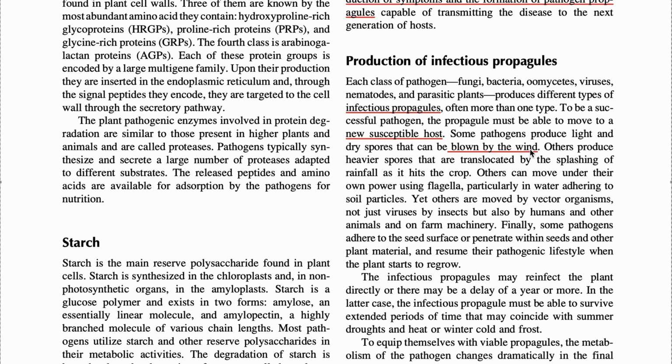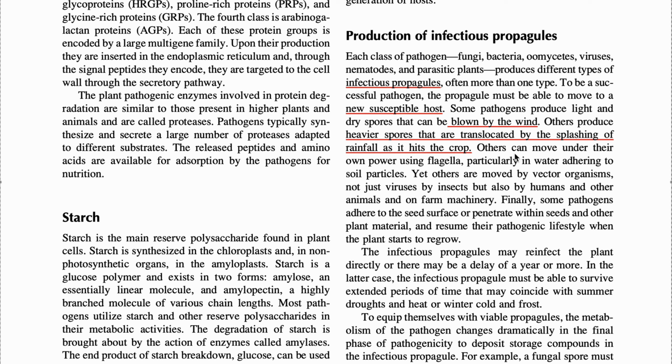With the help of wind, the spores can disseminate. Others produce heavier spores that are translocated by splashing of rainfall as it hits the crop, whereas others can move under their own power using flagella.